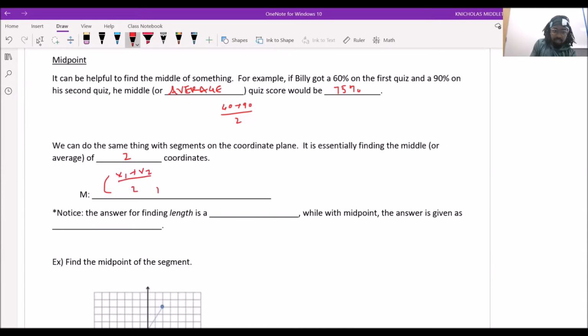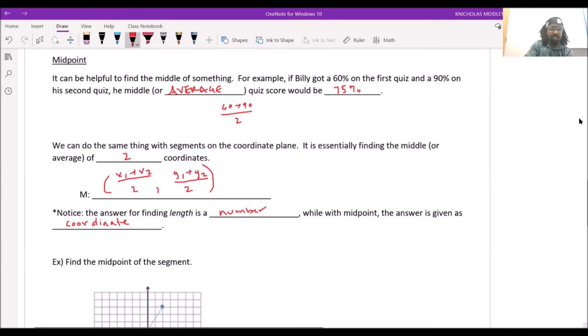And then we just have to do that same thing here, y1 plus y2 over 2. And that's our midpoint. Notice that the answer for finding the length is a number, while the midpoint, the answer is given as a coordinate, right? And our formula sets it up to be that way, right? It's a coordinate. It should be something x, comma, whatever y is.